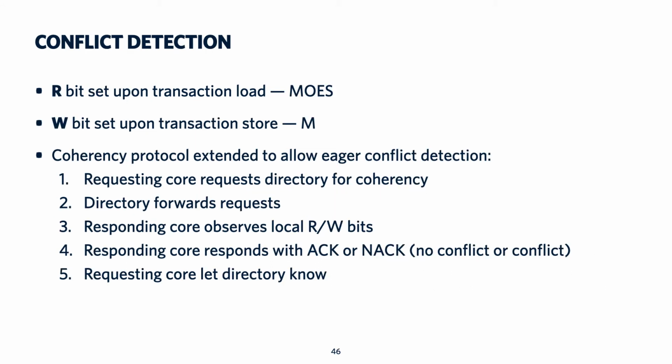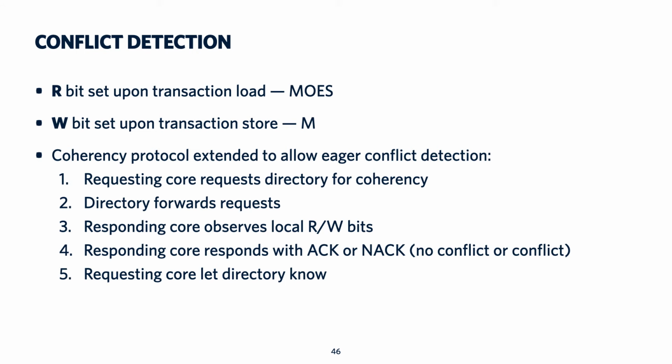Another part is conflict detection. As talked about before, we have the R and W bits, and these correspond to the modified, owner, exclusive, and shared coherence status. So the coherence protocol is extended to allow eager conflict detection. That kind of boils down to 5 steps. When there's a coherency request, the requesting core requests the directory for the coherency.